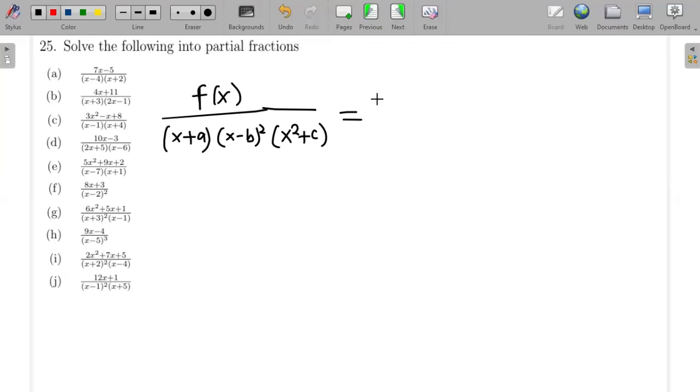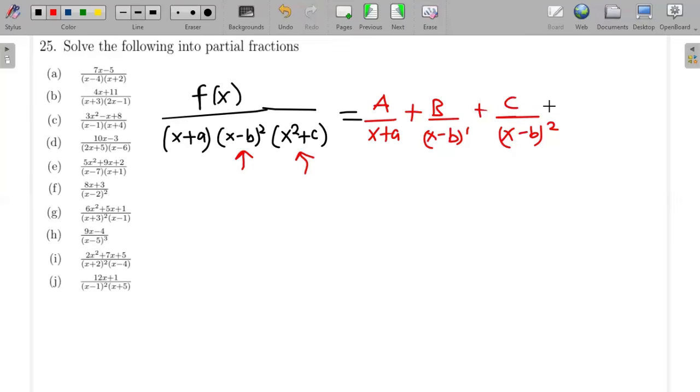For the linear, that's going to be a constant divided by that factor, and then plus, for the repeating, a constant divided by that factor to the power 1, and then plus another constant divided by that same factor, but now the power has to increase to 2. And for the unfactorizable one, we need a linear expression divided by the unfactorizable factor like this. Once we have this, we can go on with our decomposition.